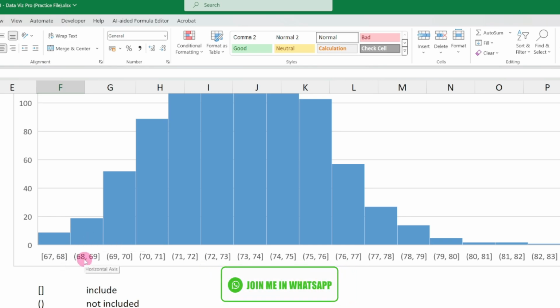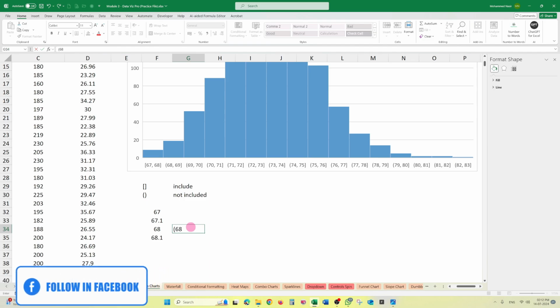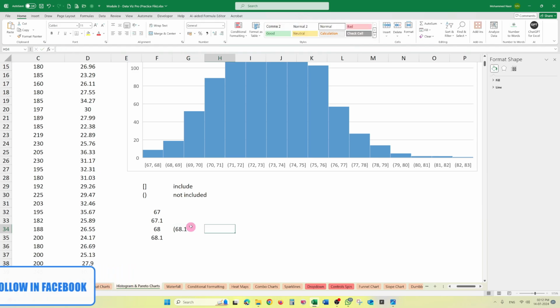So whether 68 will be included or not, that is why a round bracket is being used here. A round bracket means it is not included. So 68 is not included here. Round bracket and 68 means 68 is not included, but 68.1 is included. Up to 68 it is not included, but 68 onwards will be included.